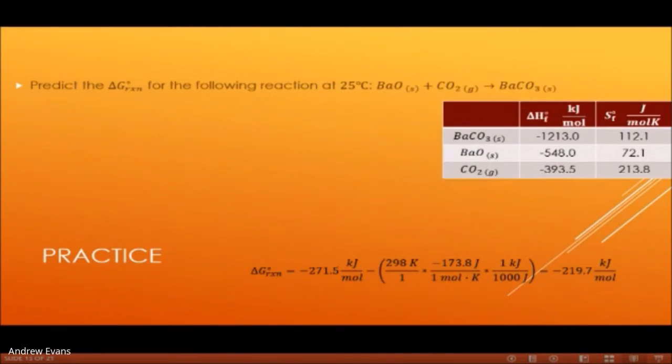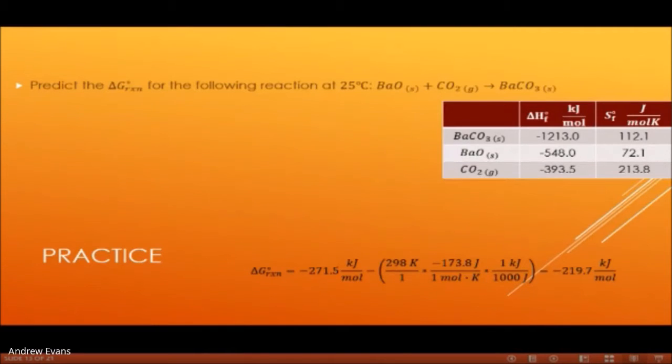The first thing we'd have to do is calculate our delta H. Our delta H value would be products minus reactants. The product is barium carbonate, -1213. The reactants are barium oxide and carbon dioxide. So we'd add those two together and subtract them from -1213.